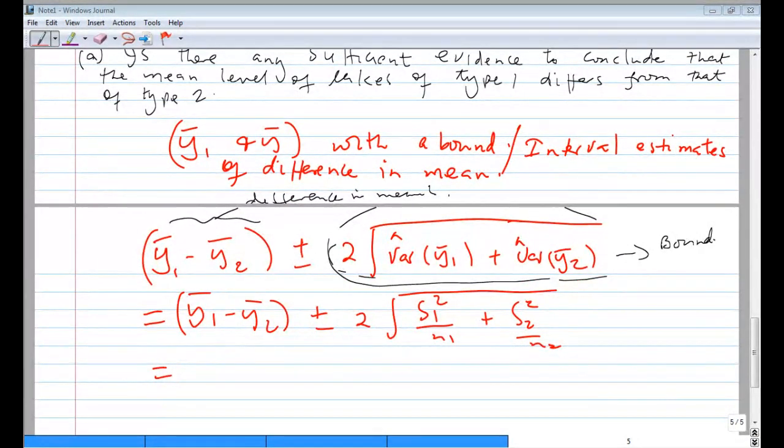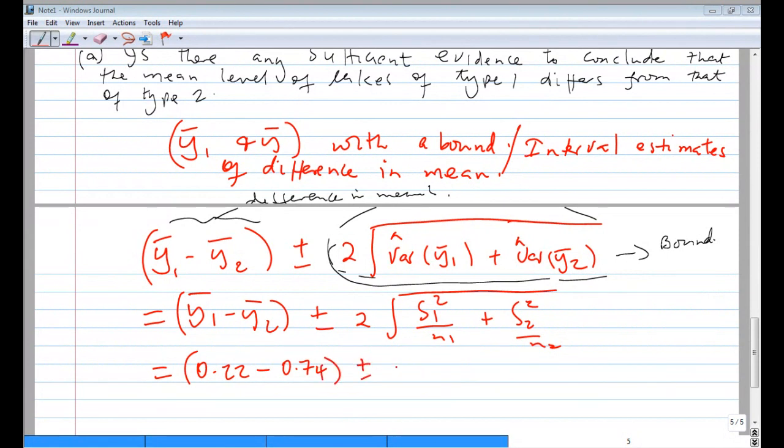Which is equivalent to, so what is the estimated mean of legs of type 1? What is the estimated mean there? 0.22. So it's 0.22 minus the estimated mean for leg 2, which is 0.74.